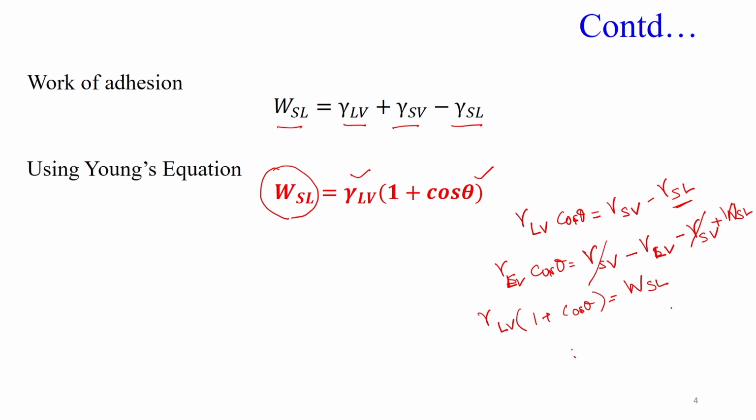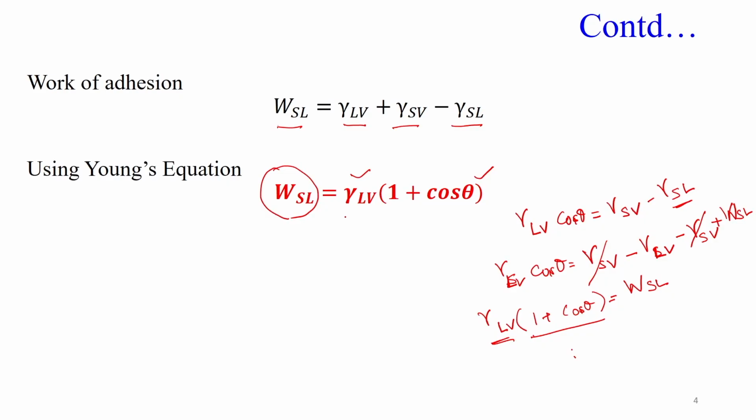So, work of adhesion is liquid vapor interfacial tension into 1 plus cos theta, theta is the contact angle. So, we can estimate work of adhesion, and we can estimate the solid liquid interfacial tension, if we can experimentally measure the contact angle as well as the liquid vapor interfacial tension.